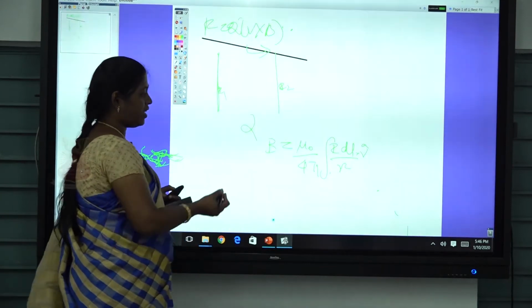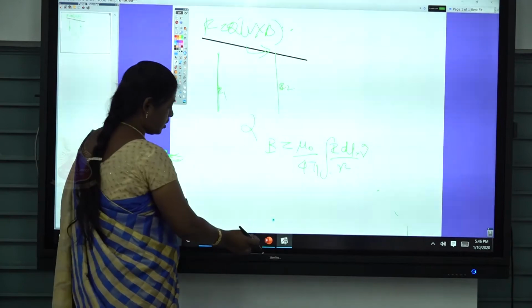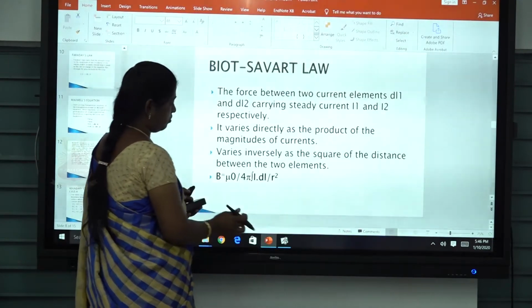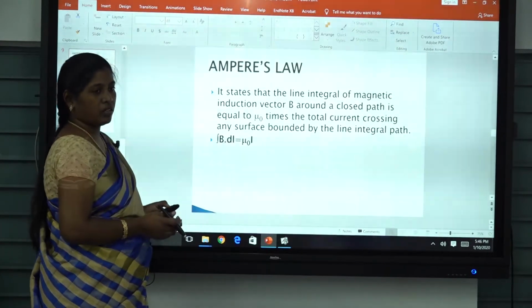Using Biot-Savart law, we can derive Ampere's law. Next one is Ampere's law.